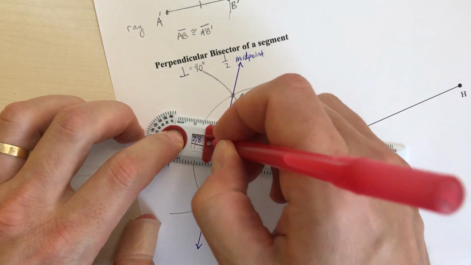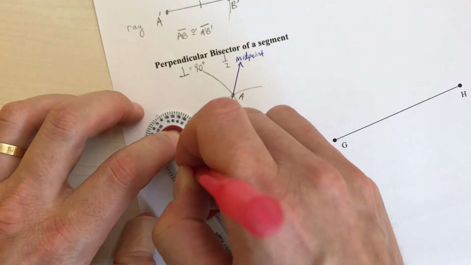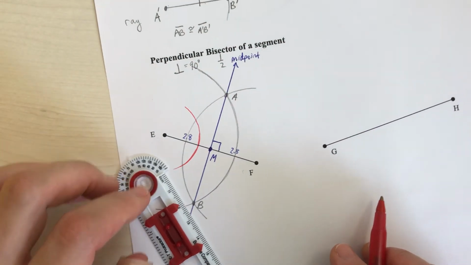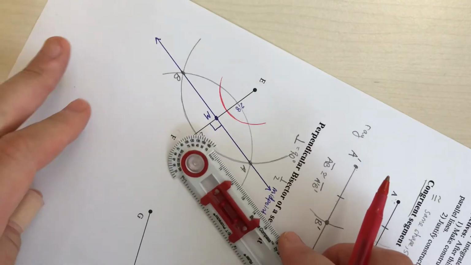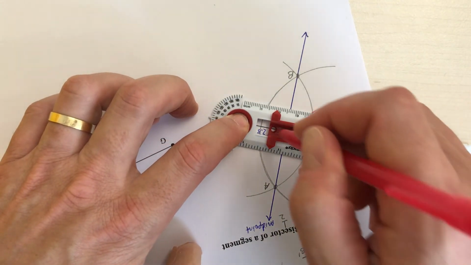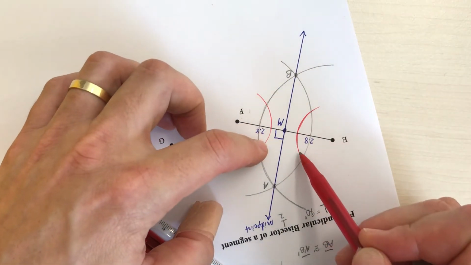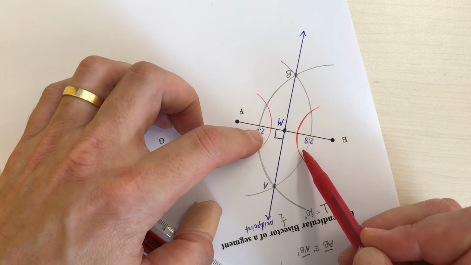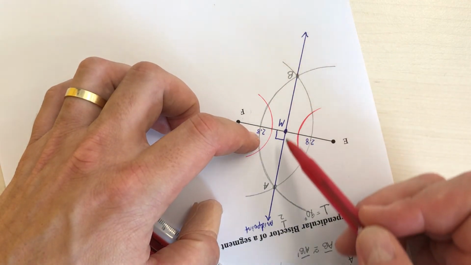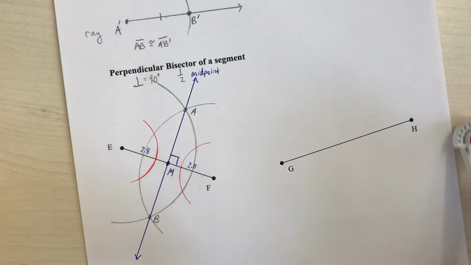If I draw the arc, there's my arc from E. Now when I draw the same arc from F, notice that they don't cross. The arcs are not long enough, they're not going to intersect, therefore I can't connect those points. Okay, so that's the key.